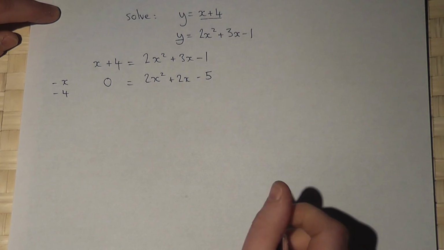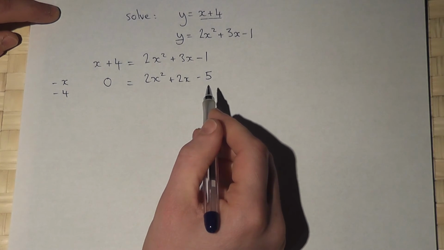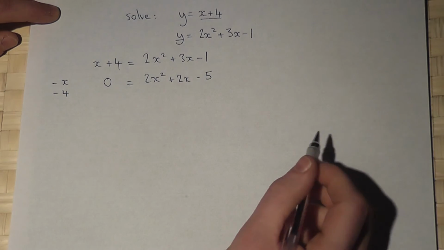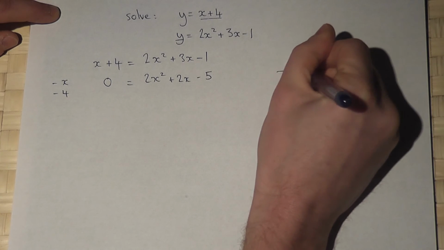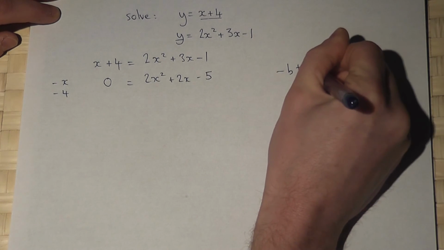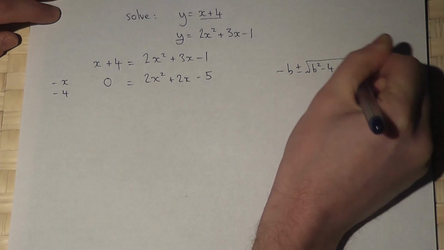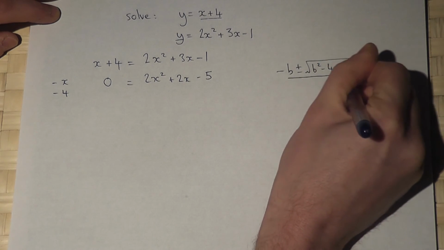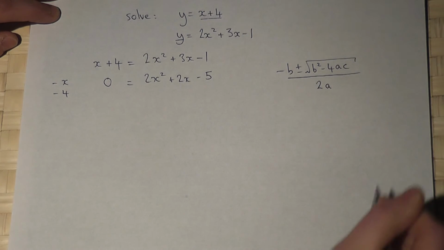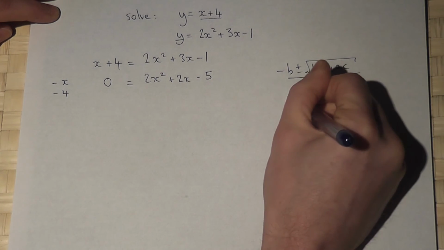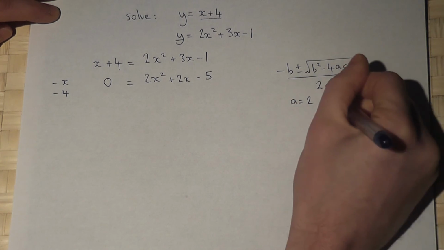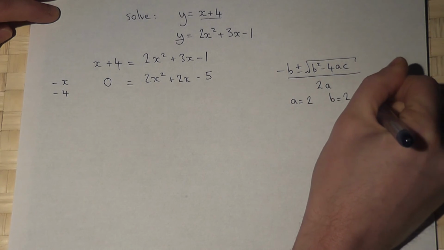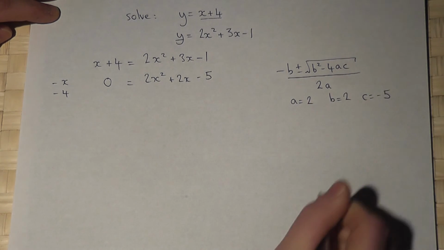So I need to now try and solve this equation. Now to solve this, I can use the quadratic formula. Minus b plus or minus the square root of b squared minus 4ac all over 2a, where a in this case is 2, b is also 2, and c is minus 5.